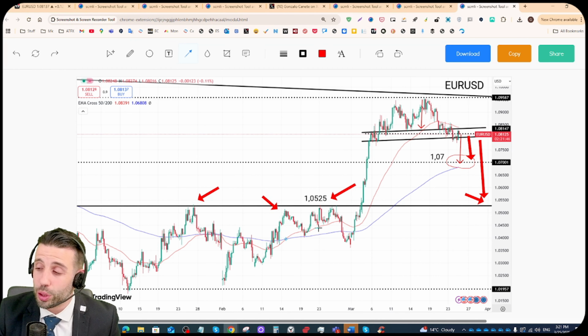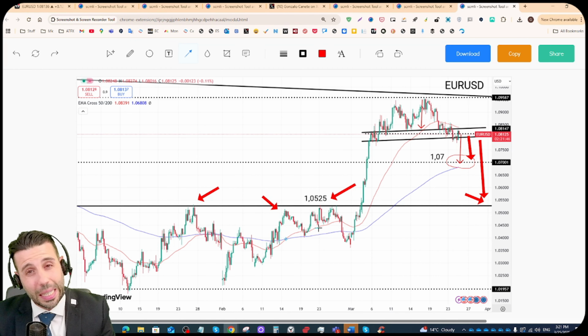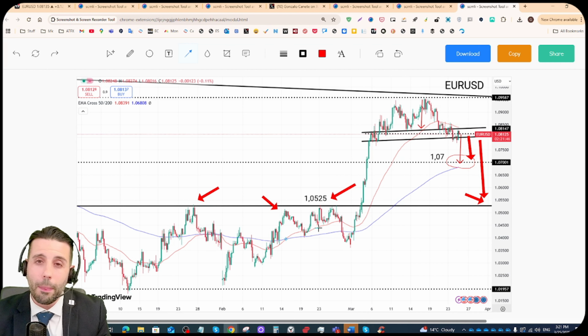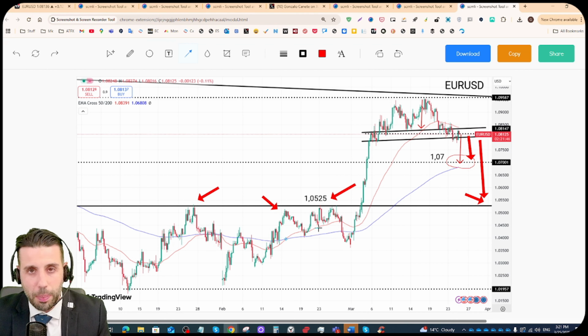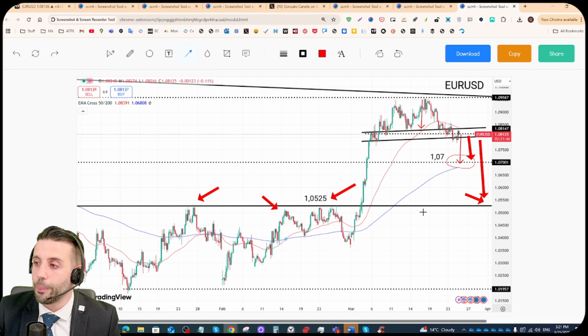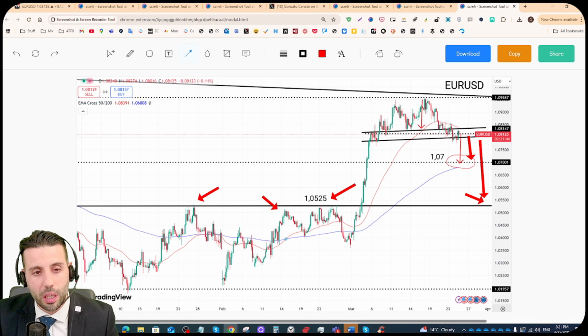So those are the potential targets. And again, this is a scenario if you see a PCE index published in the United States that shows an increase in the inflation rate and therefore a risk of, or let's say a new obstacle for the Federal Reserve to keep the interest rate cuts going forward, right?